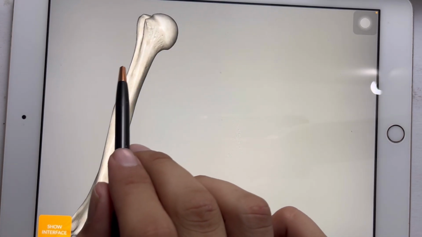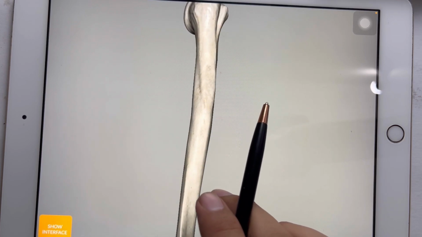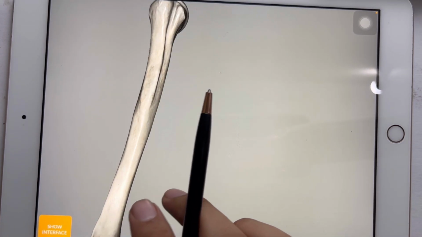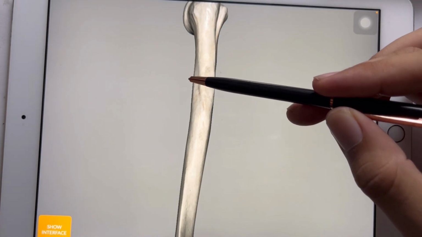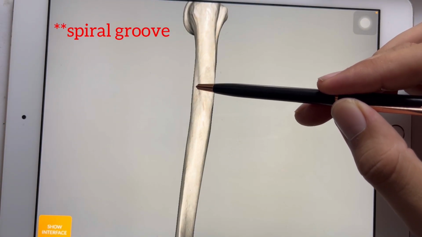Now student, moving toward the body of the humerus bone. The bony features located in the body or the shaft of the humerus bone are the deltoid tuberosity. Student, the deltoid tuberosity is this rough elevation, while it also has this narrow groove which is called the radial groove.